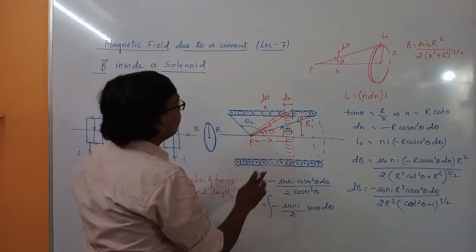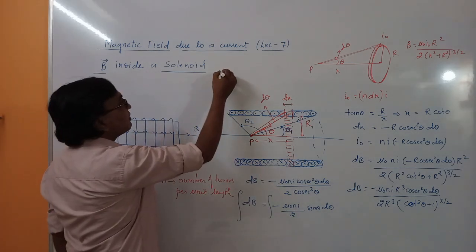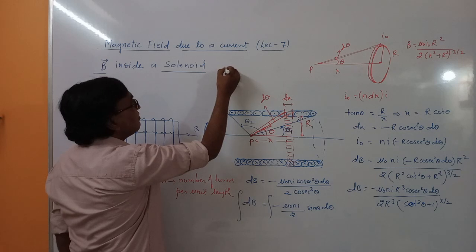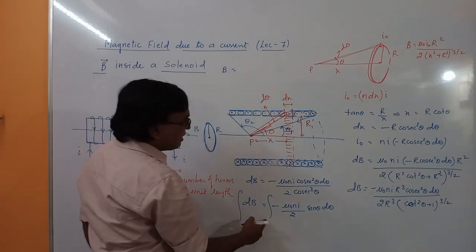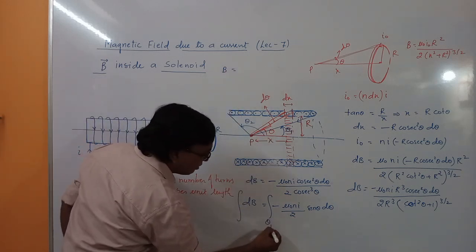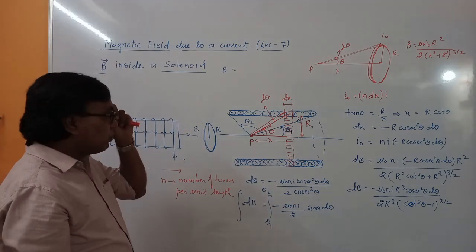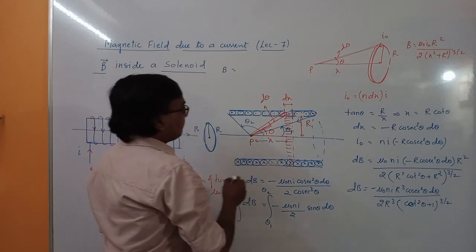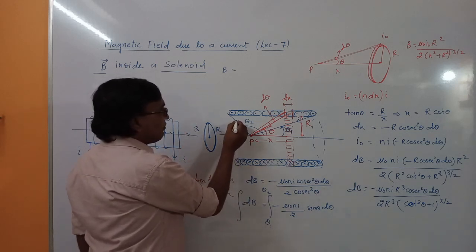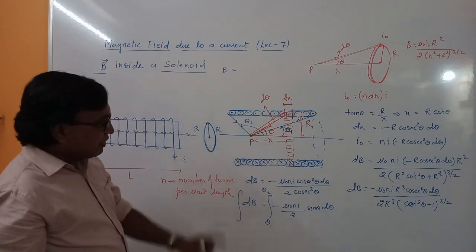Now if you take this equation, the integration of dB will be B, and the limits will be from theta 1 to theta 2.